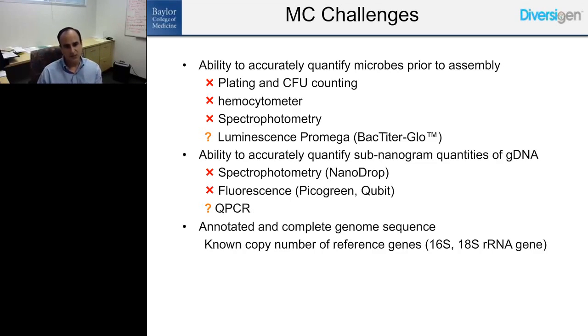Unfortunately, as we chose the members of our mock community, our team set out to identify all of the metadata associated with those members, and one would be copy number of the 16S, as we were using that as our measurement. And we had the PCR assay designed for 16S.